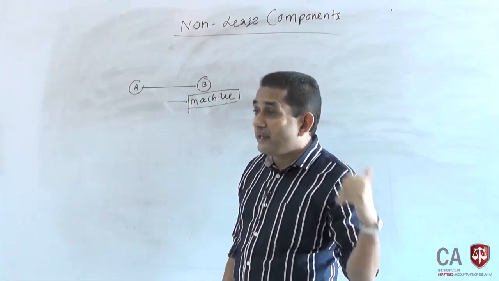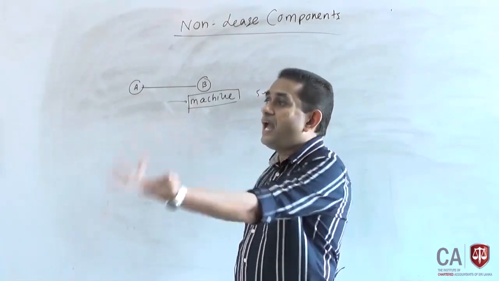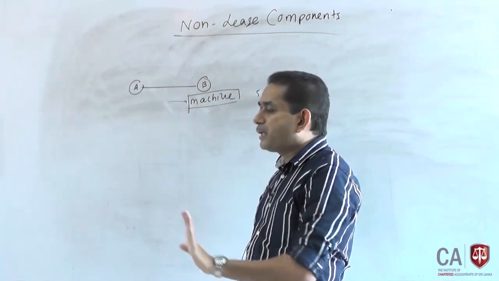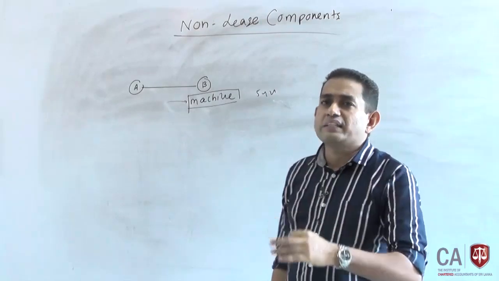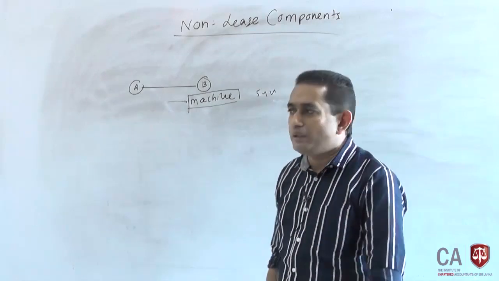Also, the lessee can take the services only from the lessor, and then take the machine from another party. There are so many sellers and parties who only sell the assets without the services being provided.